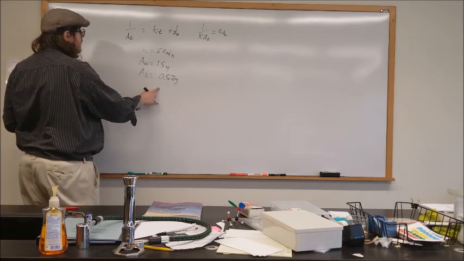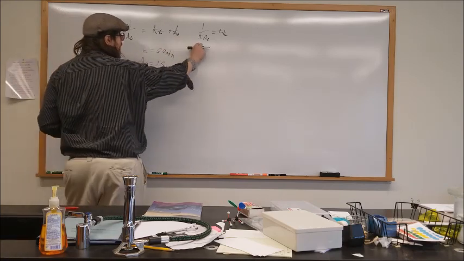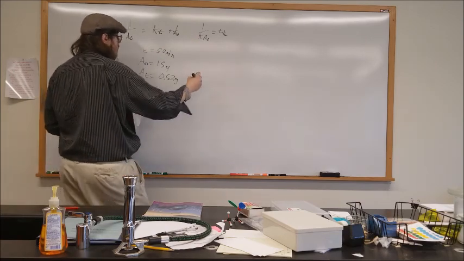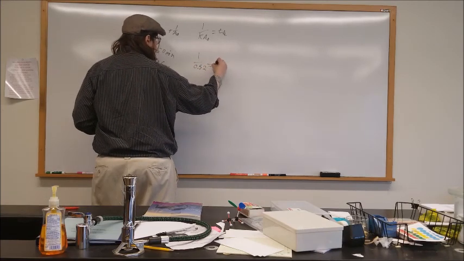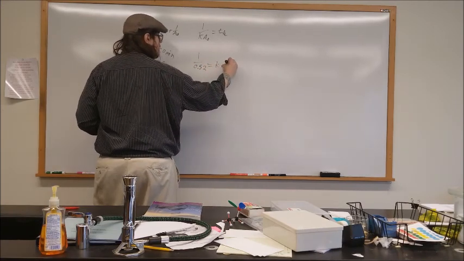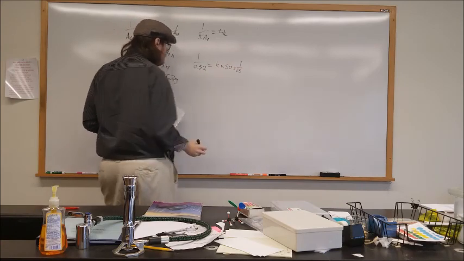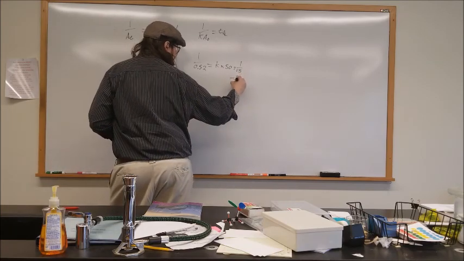So in this case, I have all I need to find K, and then we're going to need K to find our half-life. So 1 over 0.52 equals K times 50 plus 1 over 15. Once again, we're going to subtract 1 over 15 from both sides.